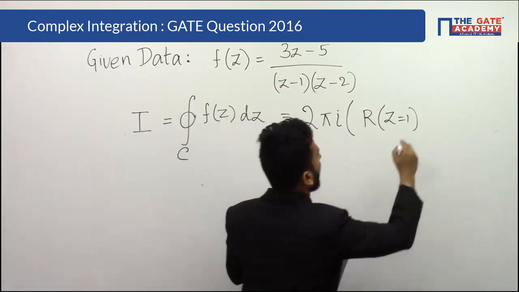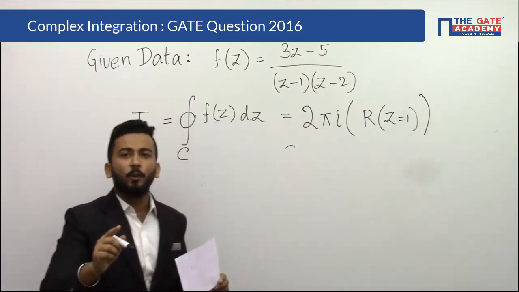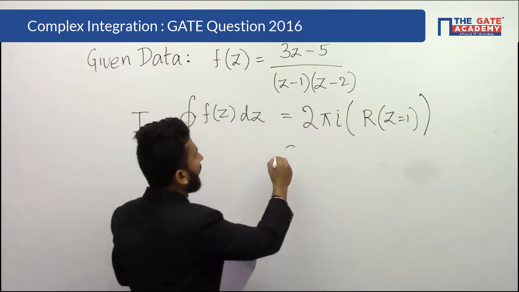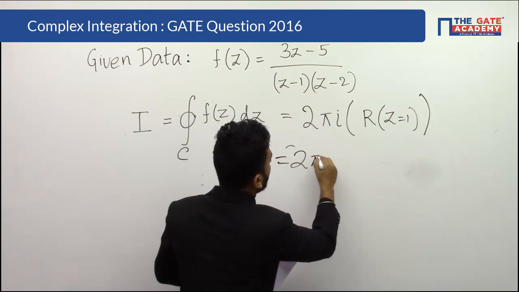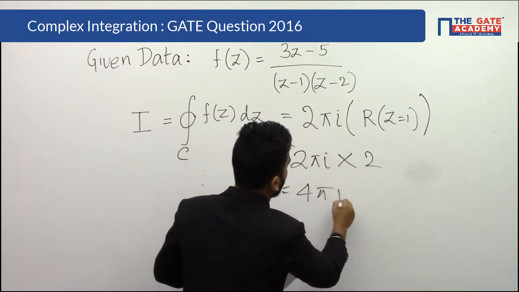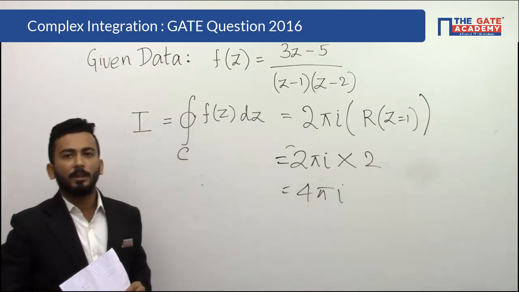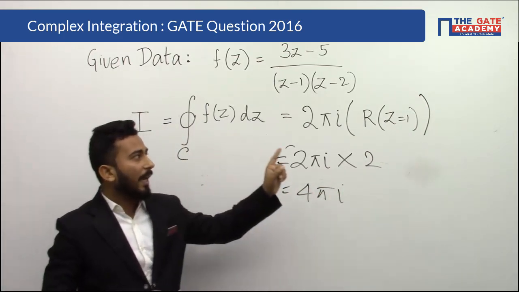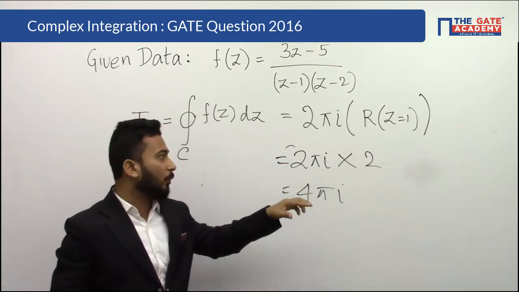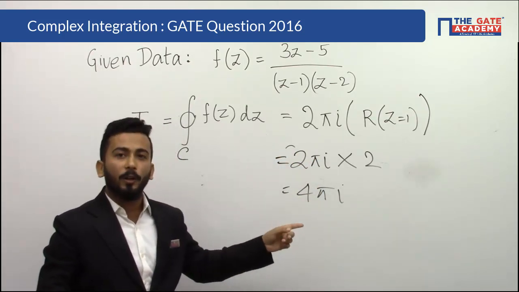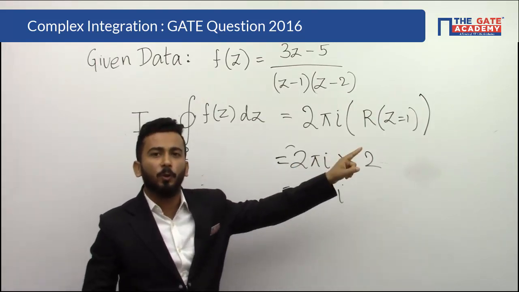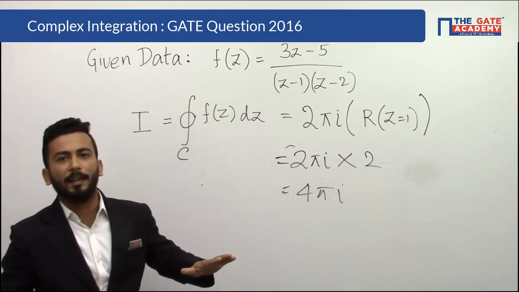Now when I take the residue at z is equal to 1 only, it will give me 2 pi i into 2, that is 4 pi i. But when I take the combined residues of 1 and 2, it will come out to be 6 pi i, or even if I take the individual value at z equal to 2, it will not come to 4 pi i.